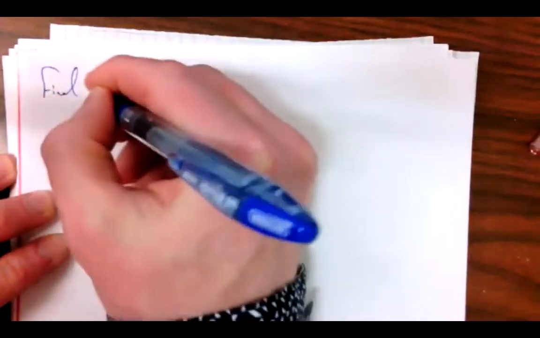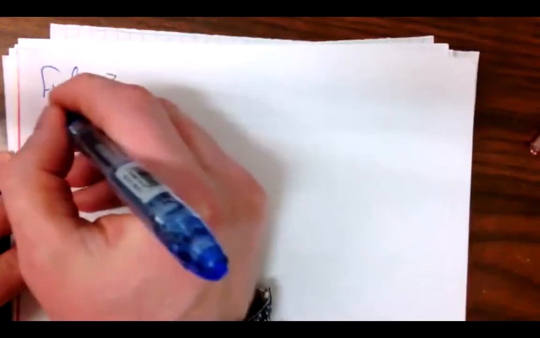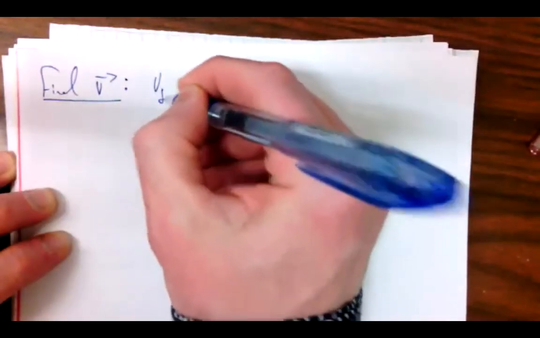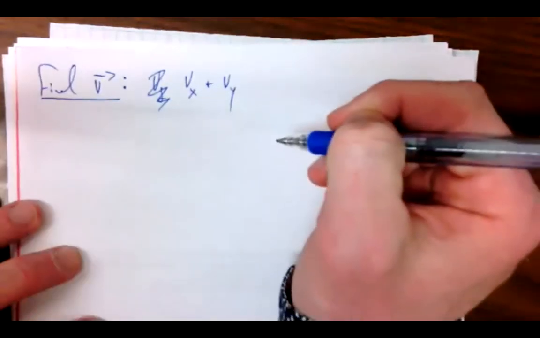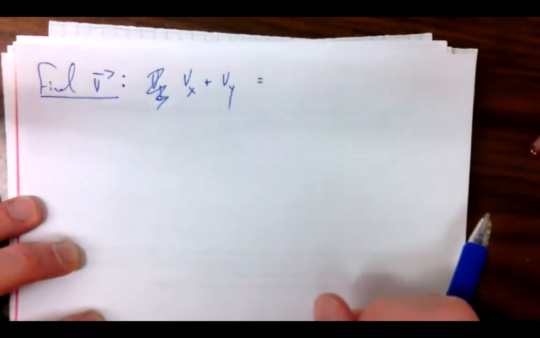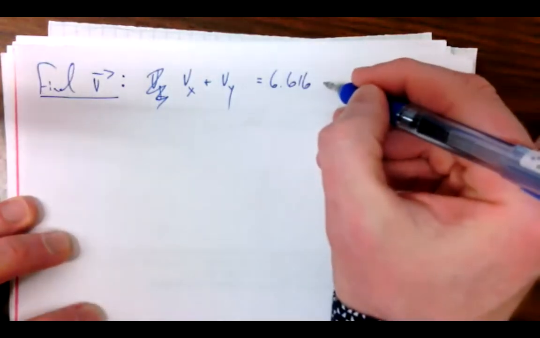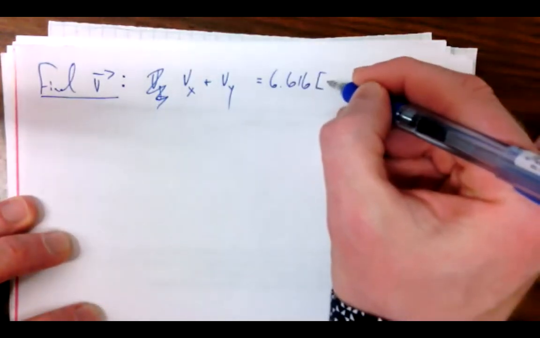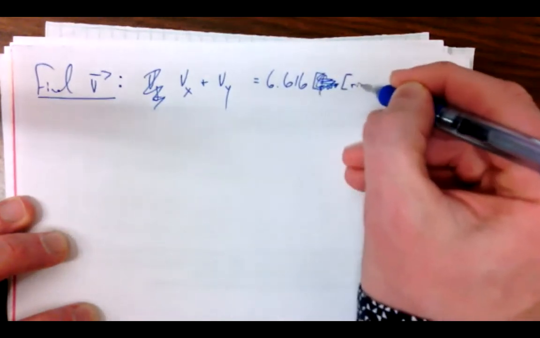So we need final velocity. What we're going to do is Vx plus Vy. Our horizontal velocity is 6.616, and I'll just say forward, or from the diagram, let's say it's right.